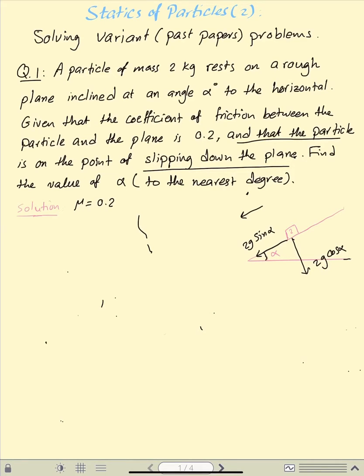We have R perpendicular always to the plane. Since the plane is rough and the direction is down the plane, we have friction up the plane, opposite to the main force.